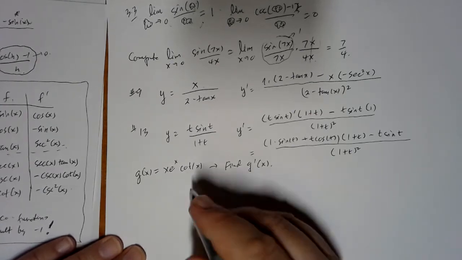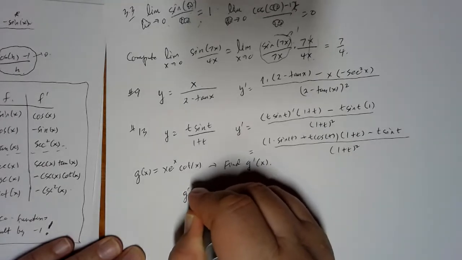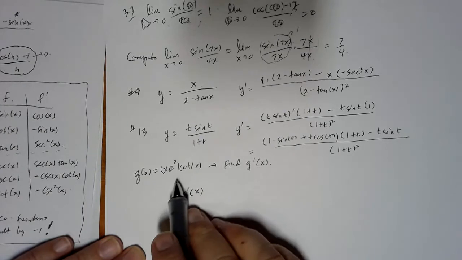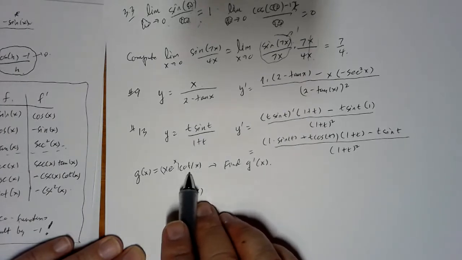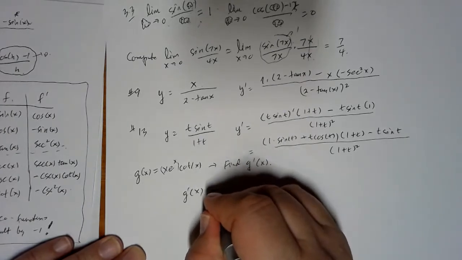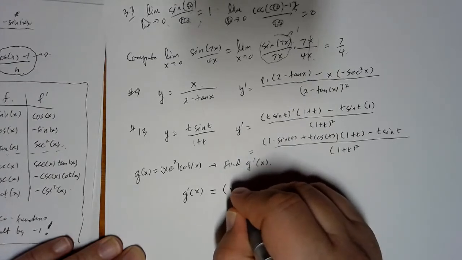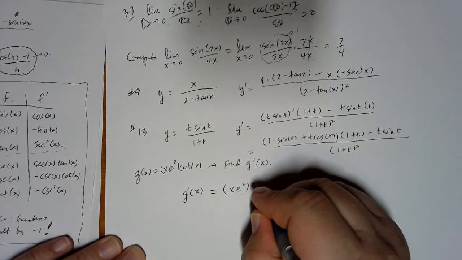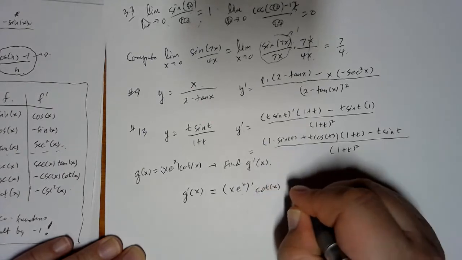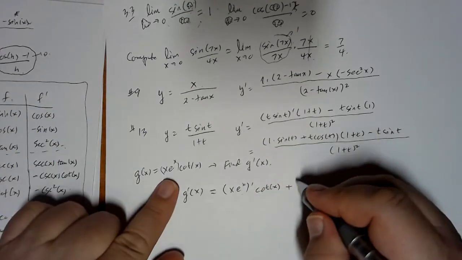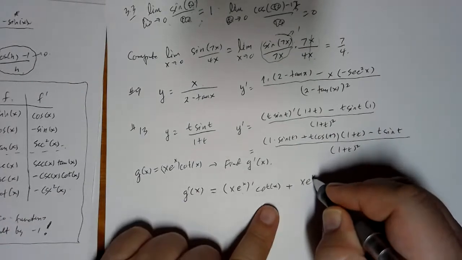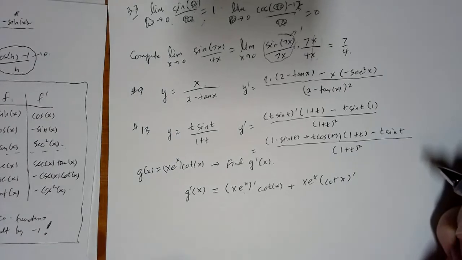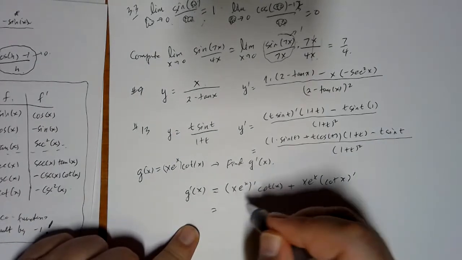You can group these any way you want. I'm going to group the x and the e to the x together, so this is now an expression of two functions. When I take the derivative, I can rewrite it as x e to the x prime, the derivative of the first function, times the second function, plus the first function times the derivative of the second function. I could even write that as cotangent prime here, just to remind myself what I'm doing.